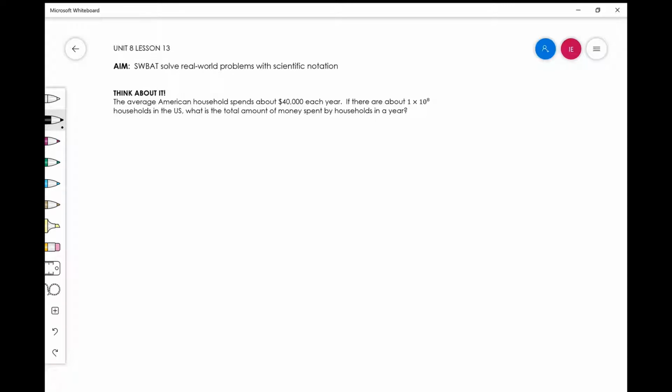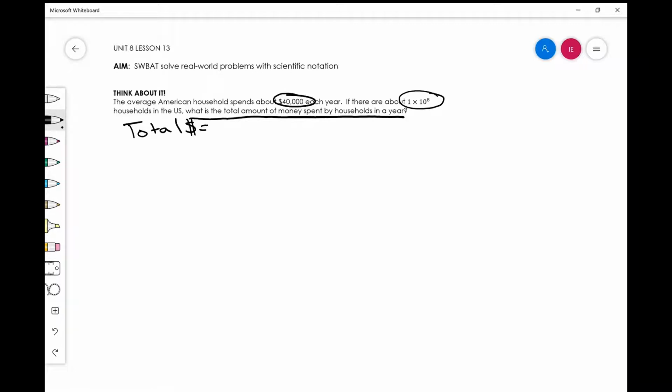We know that everyone is spending $40,000 each year, and there's a total of 1 times 10 to the 8th people, or households. The question is asking, what is the total amount of money spent by households in a year? So we need to find the total money that people are spending.